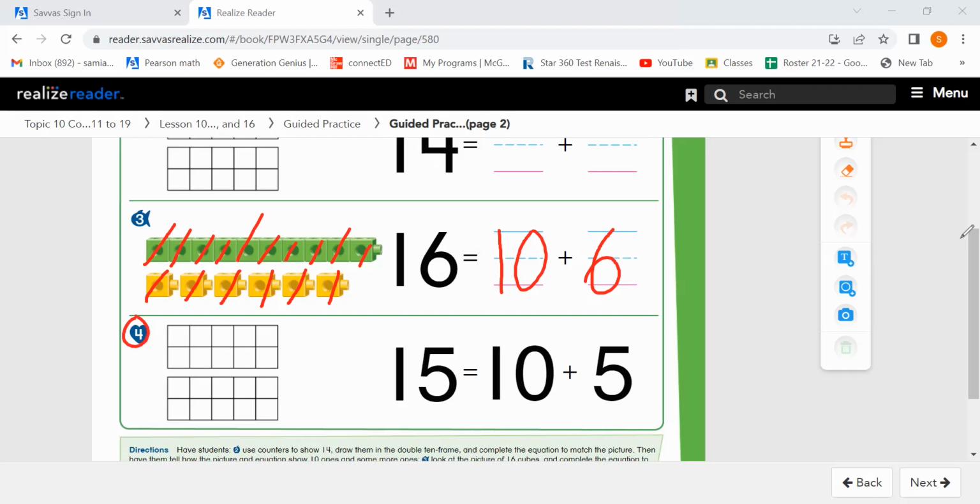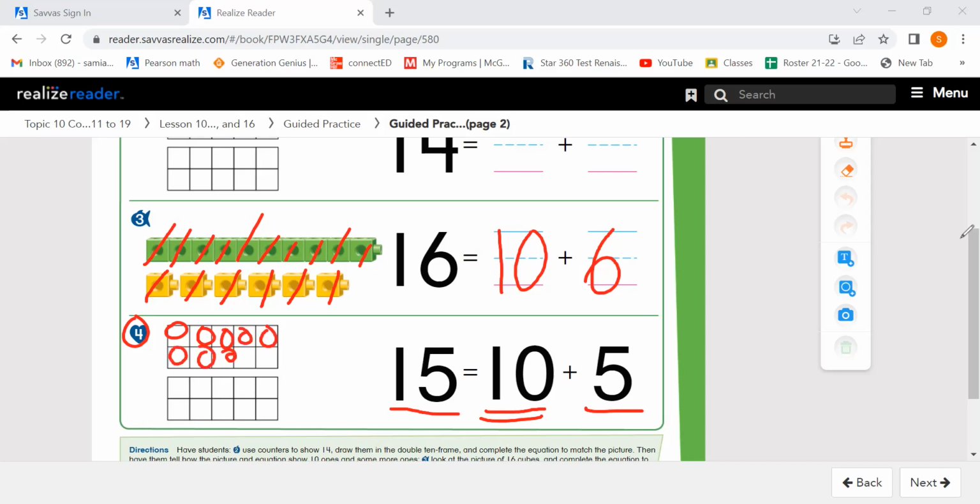Number 4. We're going to draw counters to match the equation. So it's showing us 15 equals 10 plus 5. So first we're going to put 10 counters in our first 10 frame. I'm just going to fill it up.